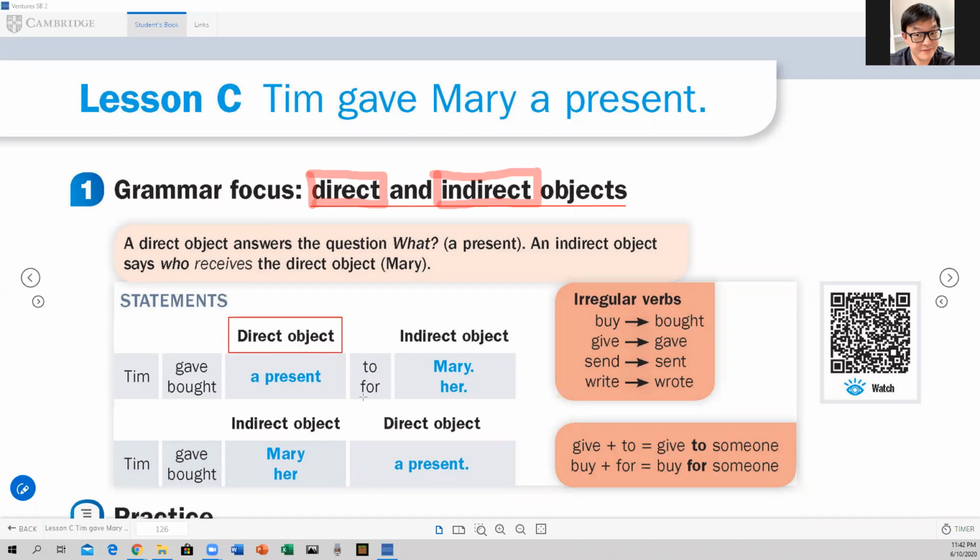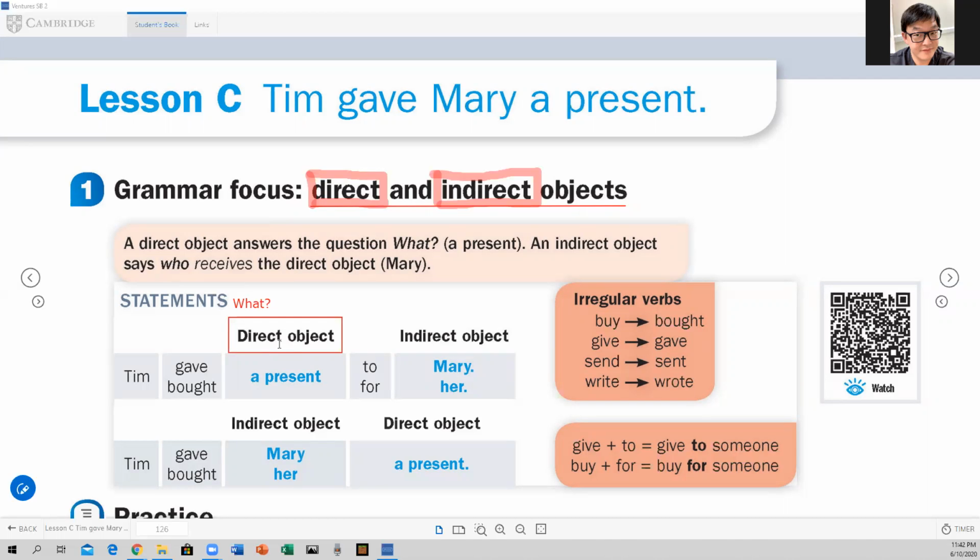The direct object will ask the question, what? The direct object actually will answer the question, what? For example, Tim bought. Tim bought what? A present. So a present in this sentence is the direct object.